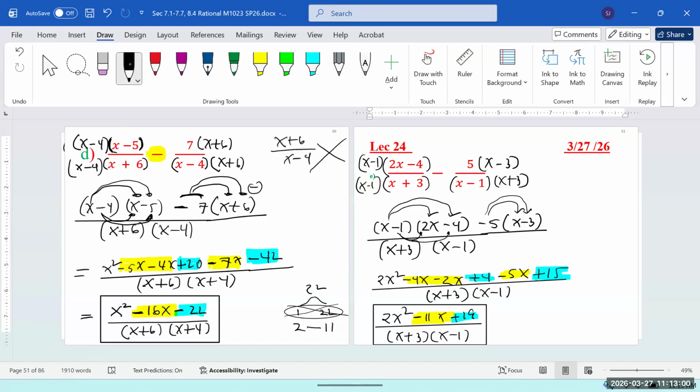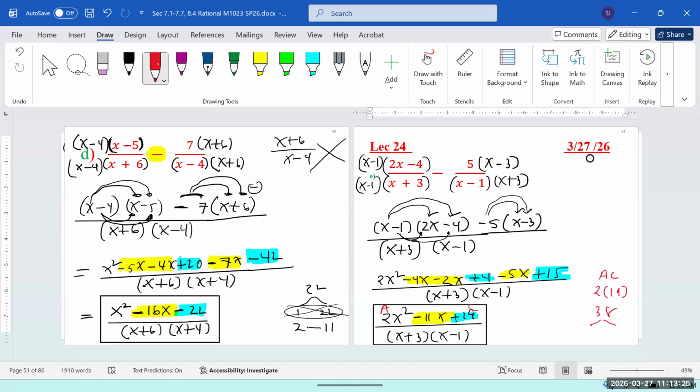Now, you actually always have to check whether the numerator is factorable or not. So if you do, check which factoring method you have to use. AC, good job. We have a visible A. Anytime you have a visible A, it should be AC. So we had 2 times 19, which is 38.